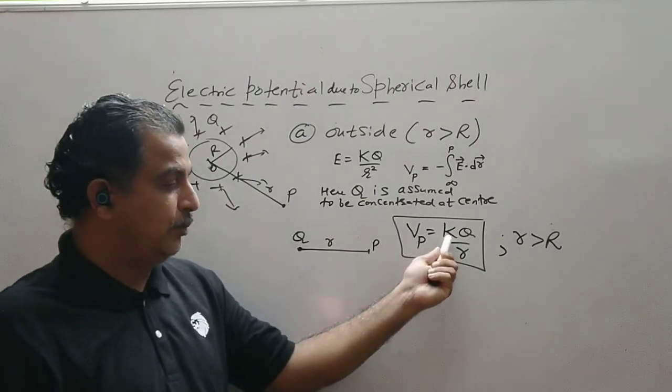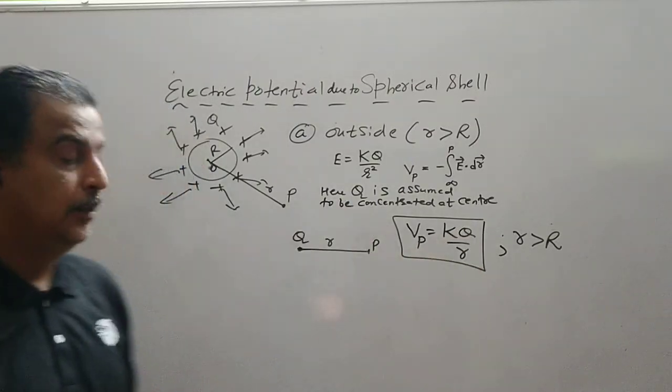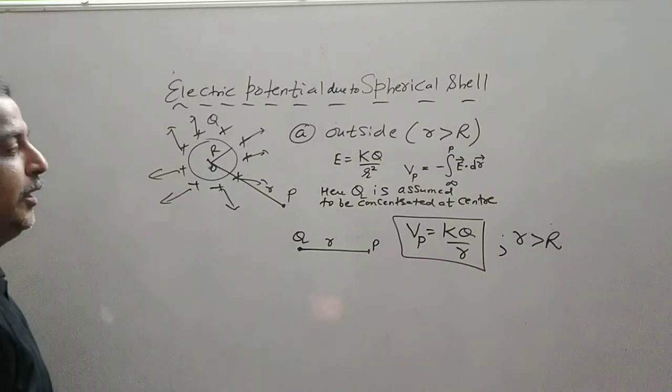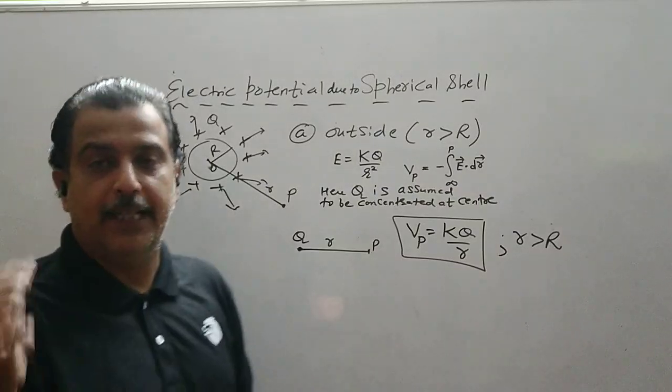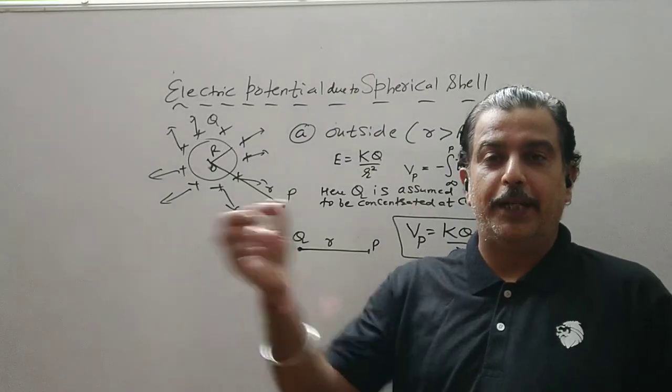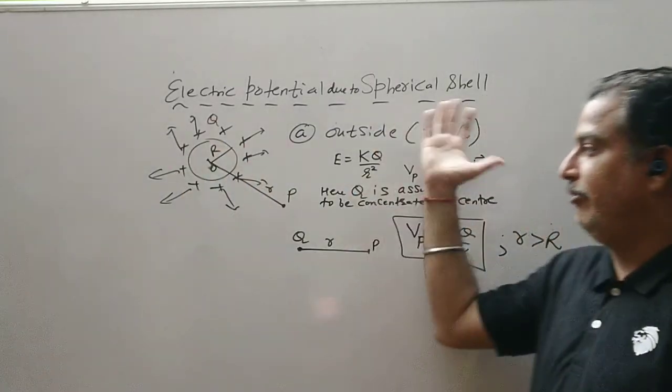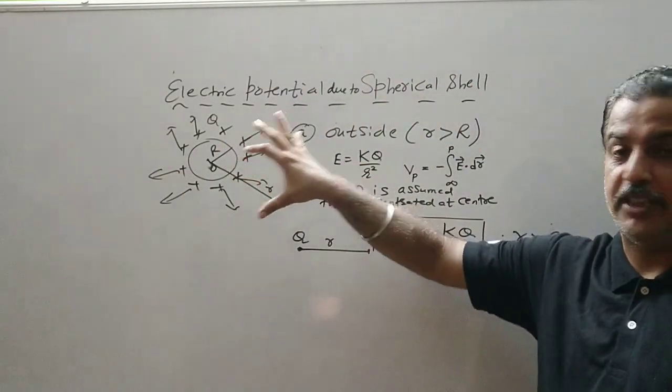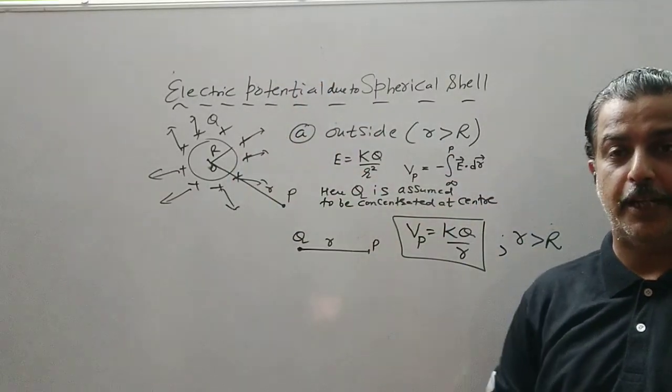So the answer comes out to kq by R. This is the work required to be done by the external field to bring a unit positive charge from infinity to a point P in the field of this hollow sphere or spherical shell.